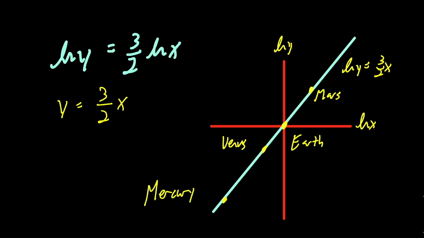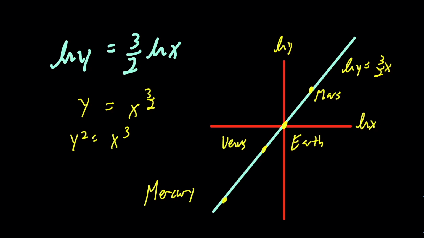Okay everyone, where did I go wrong? Turns out that if you were to exponentiate both sides, this would actually be x to the 3/2 is equal to y. Or if we were to square both sides, we get y squared is equal to x cubed.